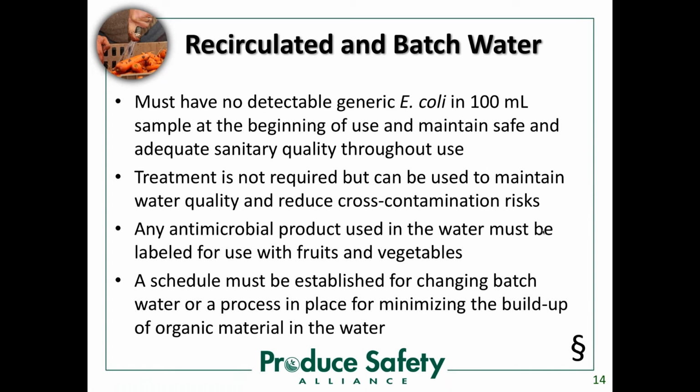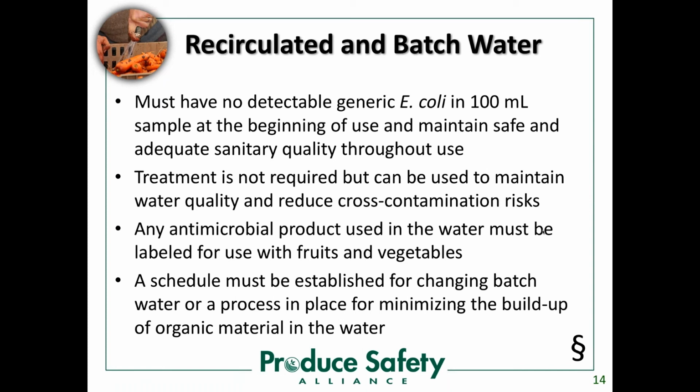And here it's very important that you only use antimicrobials that are labeled for fruits and vegetables. One thing that happens in these bulk tanks, leaves, stems, dirt, harvest containers can get submerged in the water. All kinds of things can happen to contaminate the water and reduce effectiveness of your sanitizers.